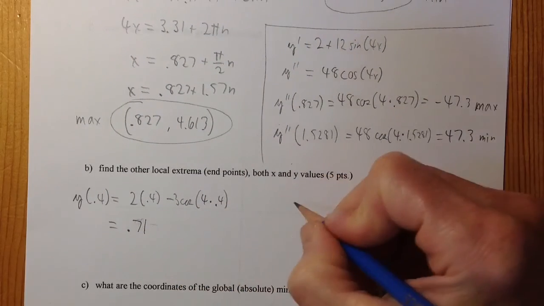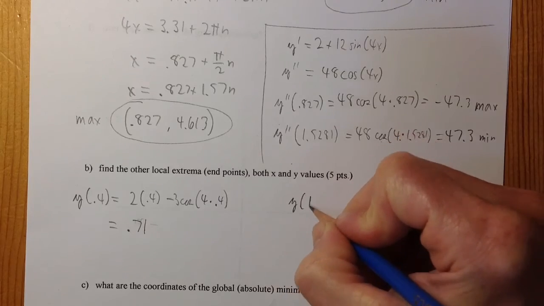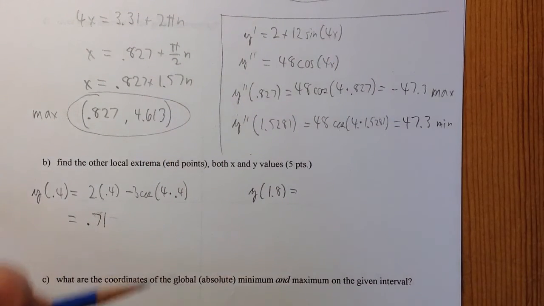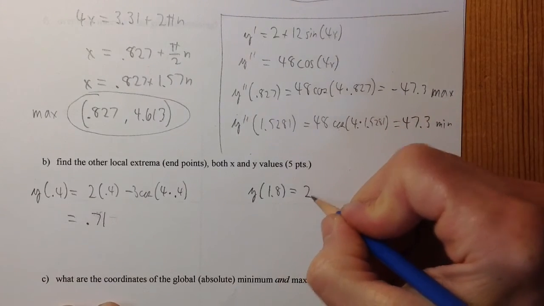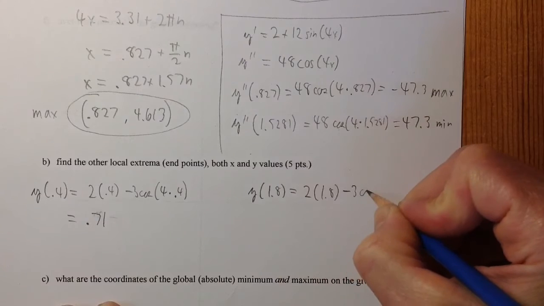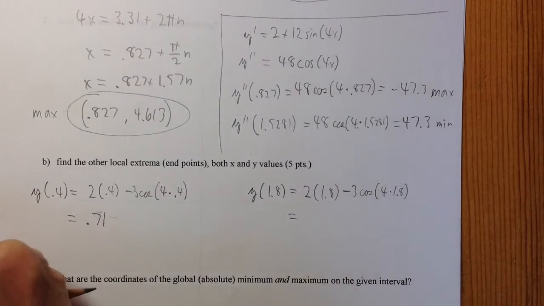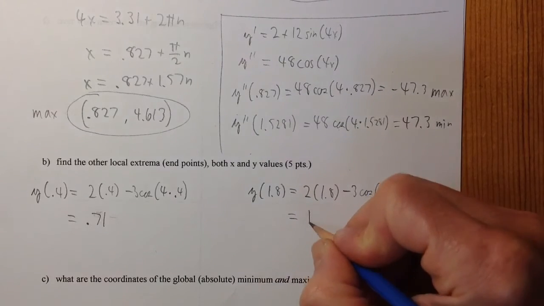And then y of 1.8. Again, more calculator work, plug 1.8 into our equation. That would be 2 times 1.8 minus 3 cosine of 4 times 1.8. And we do all that in our calculators. I get 1.77.